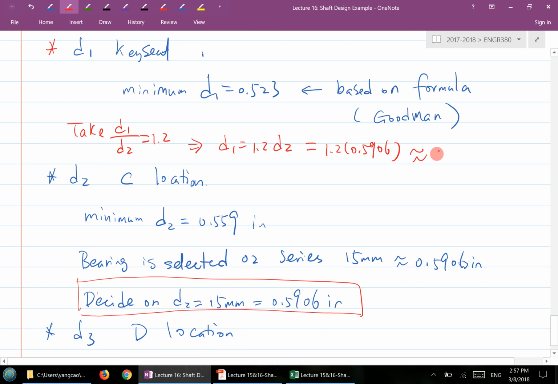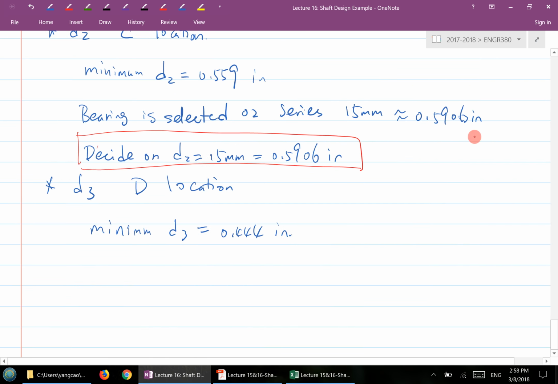That gives approximately 0.7 inch, which is most probably a normal size, a standard size in the appendix. So I can take this as my D1 size.